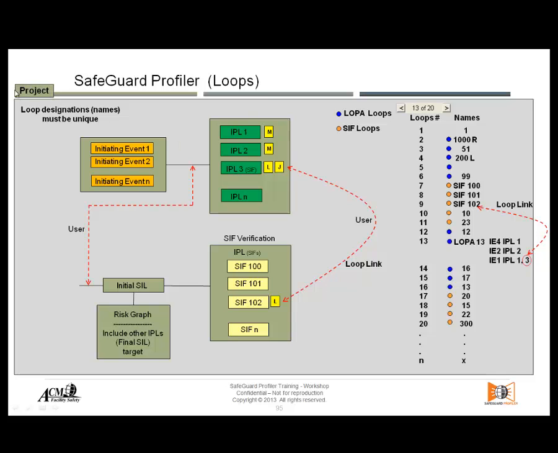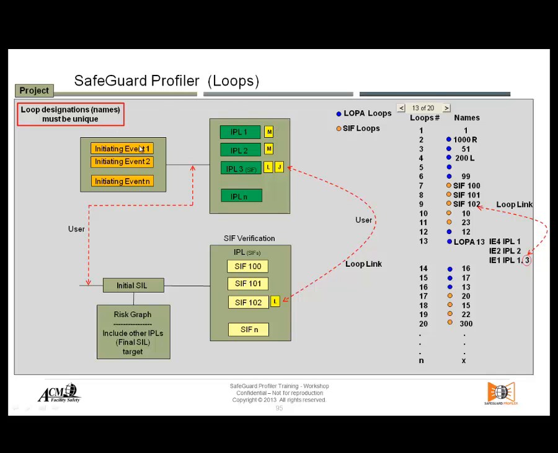So again, we have your project, and then we have a graphical representation, and we can see that the loop designation names, or the layer of protection analysis names, must be unique. The software would present a screen telling you that the name has to be unique if you try to put the same name twice.